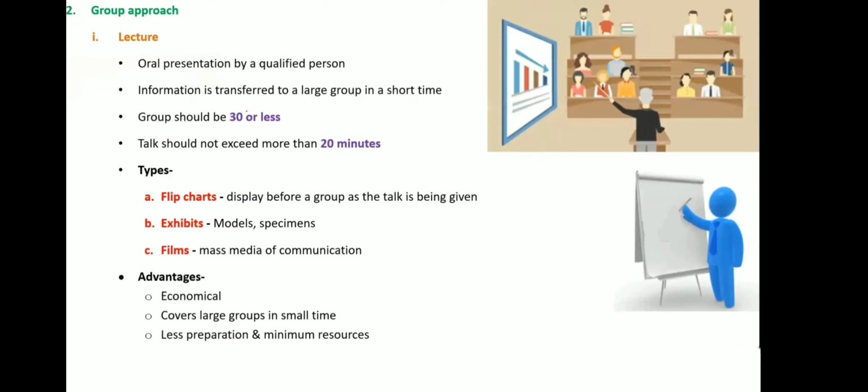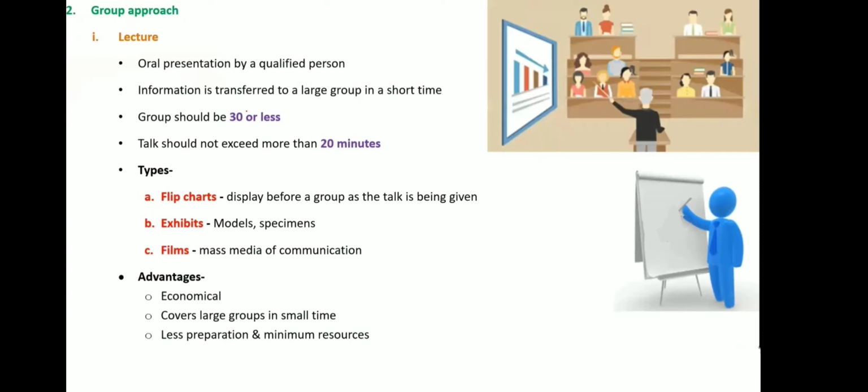We move on to the next thing, that is exhibits. Exhibits are nothing but the objects, models, specimens, etc., which convey some specific message to the viewer. They are very essential mass media of communication because they can be used in group teaching.